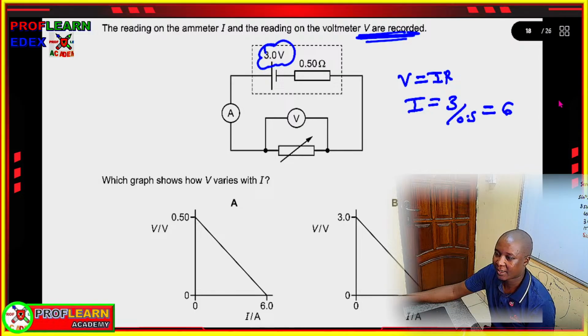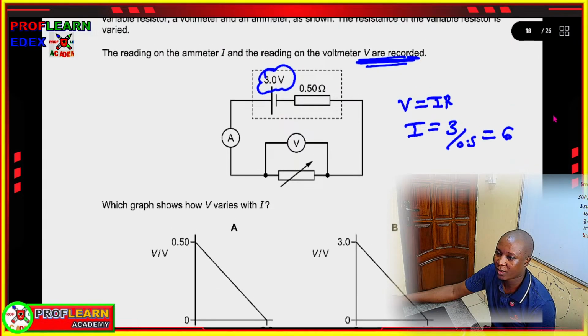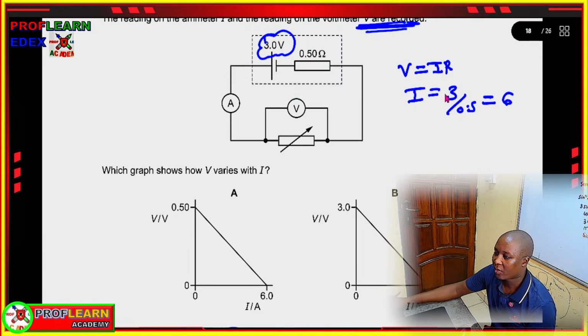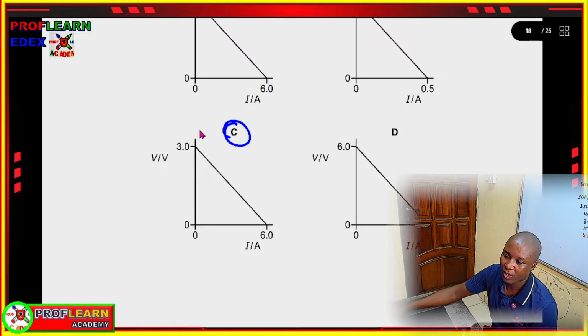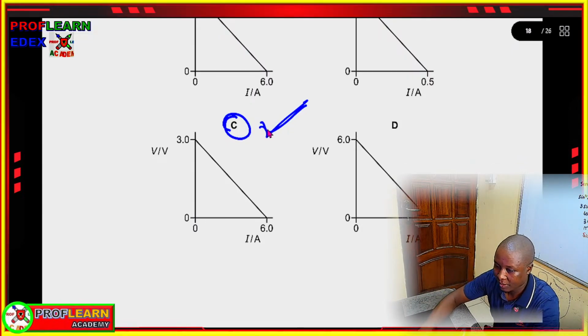The highest voltage this battery can have is going to be 3.0, and we are going to say now 3 divided by 0.5 is going to give us 6. This is the current. So we are going to have our answer for that.